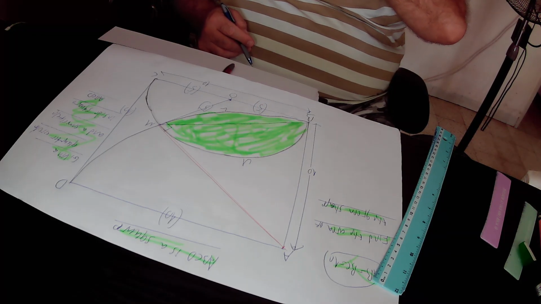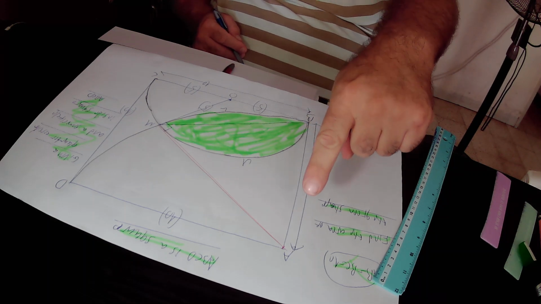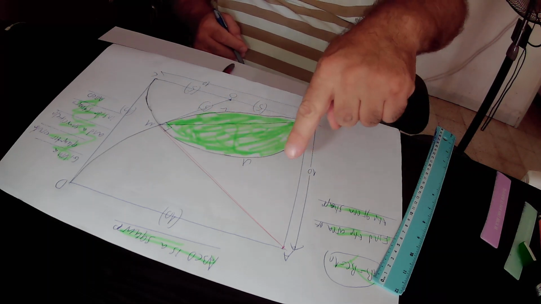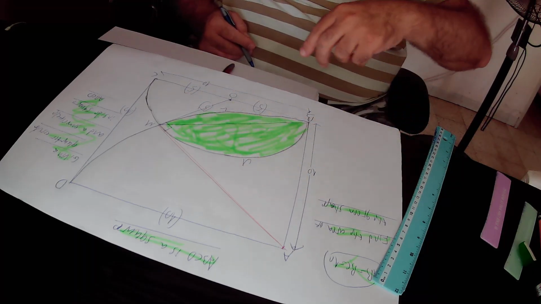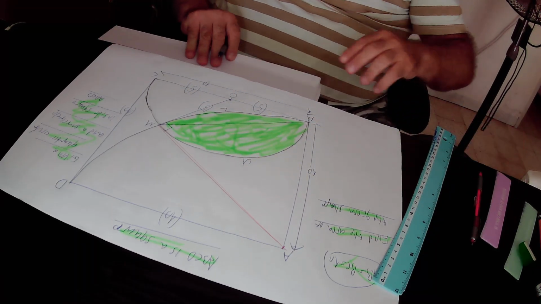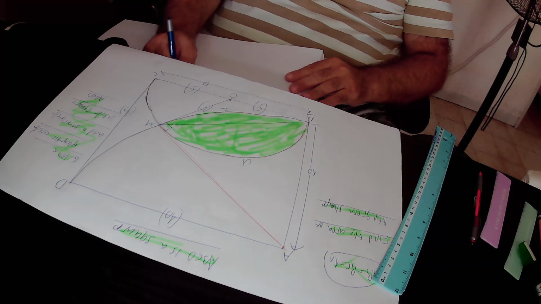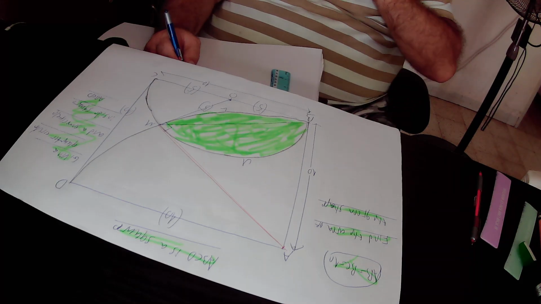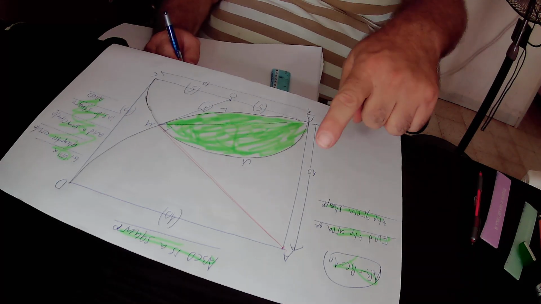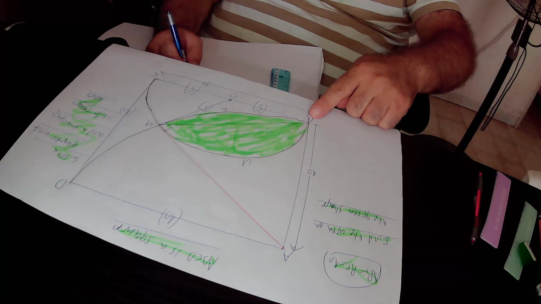First of all, I'll copy sector ABM, and then we'll analyze this sector. Actually, in square ABCD, this angle is a right angle.